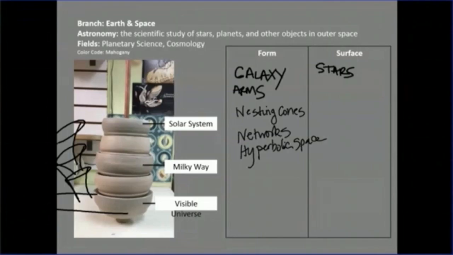Okay. So in that sense, there would be projections off of that circular platform.